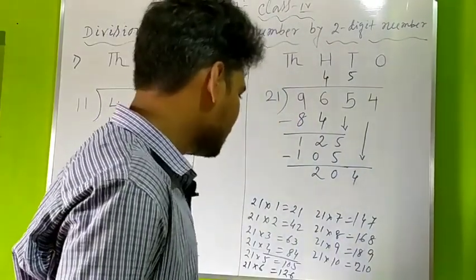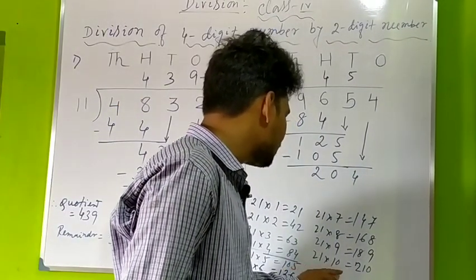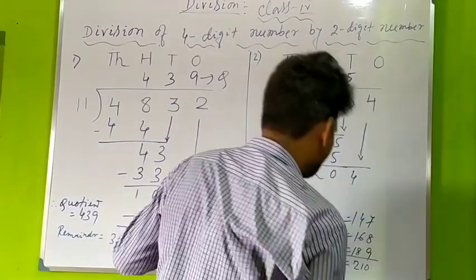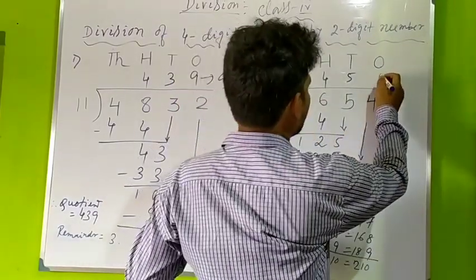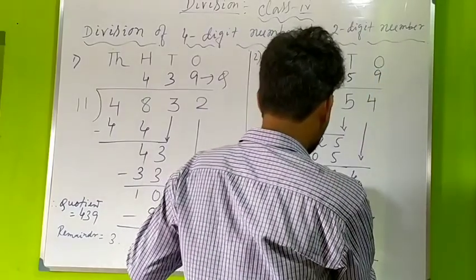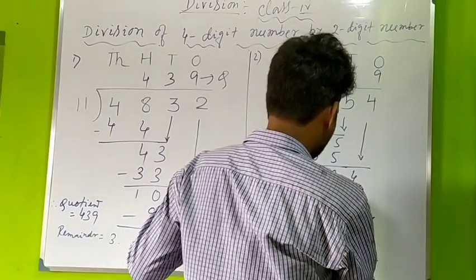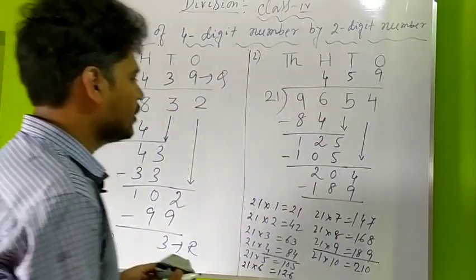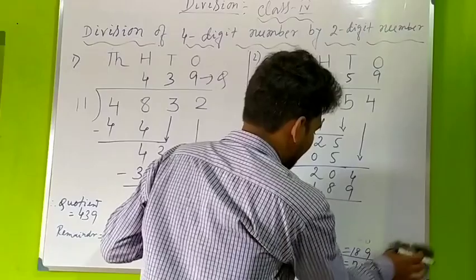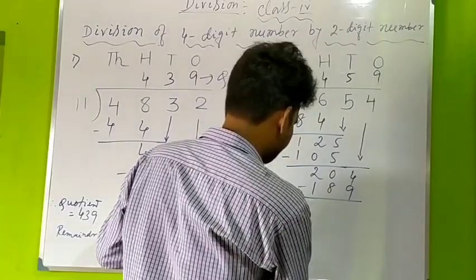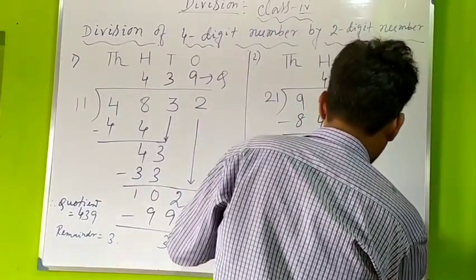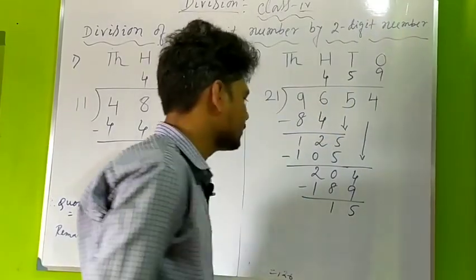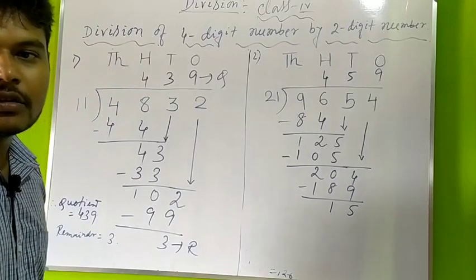So now you can see that 21 into 10 equals 210. So we should take 189 and write down at the ones place 9. Now we subtract 189 from 204 and we get the value 15.